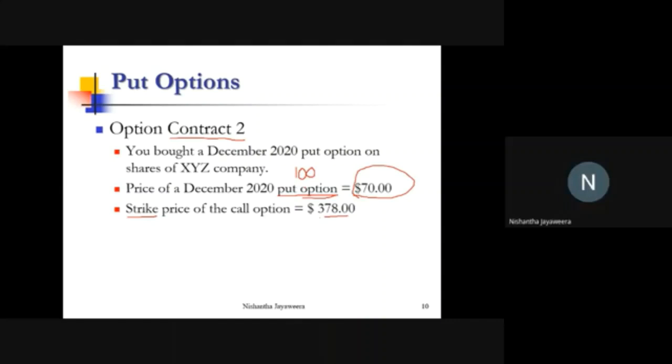If it is an exchange traded contract, then all this information will be available. Are these options available in Sri Lanka? Yes, in over the counter markets. Banks offer this.